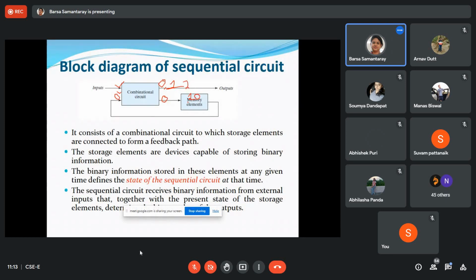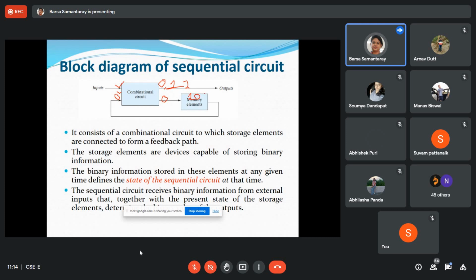State means content. Tell me. Whatever the content of the memory element, is that the content of the output? Yes or no? Yes. Okay, so the answer is correct. That means whatever output you are getting is stored in the memory element. Until the external input comes, this output will not change.